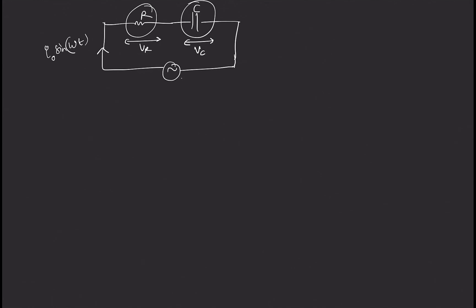So for the resistance R, you can find the instantaneous voltage VR as the instantaneous current I naught sine omega t into the value of resistance R, which is simply I naught R sine omega t.